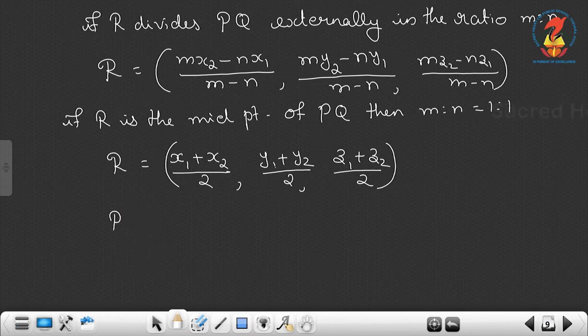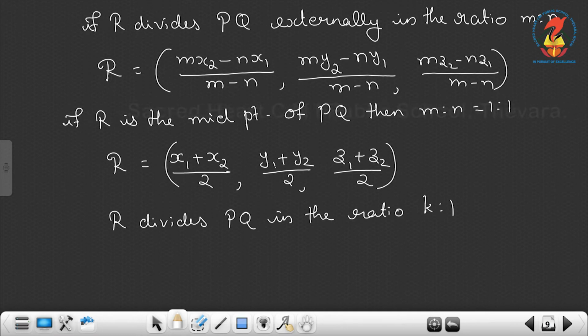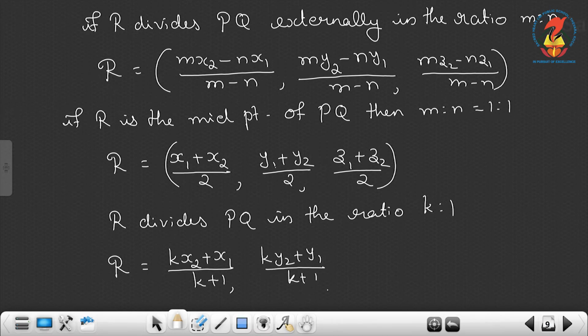That is, R divides PQ in the ratio k is to 1. It's an easy method. So if R divides PQ in the ratio k is to 1, then the coordinates of R are, instead of mx2, we can write (kx2 plus x1) by (k plus 1). Okay. Then (ky2 plus y1) by (k plus 1).